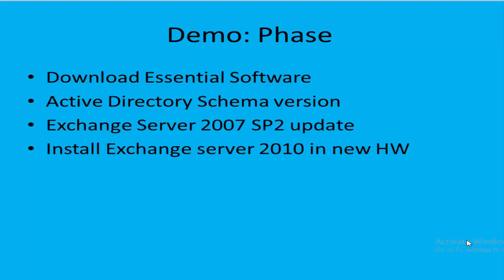Once you finish the Exchange Server 2007 SP2 update, you can log into the new hardware which you bought for Exchange Server 2010, and then you can start installation of Exchange 2010 setup.